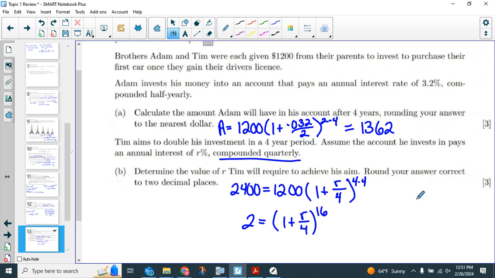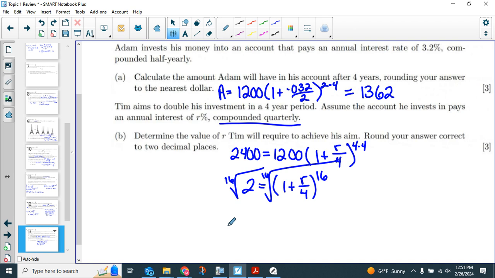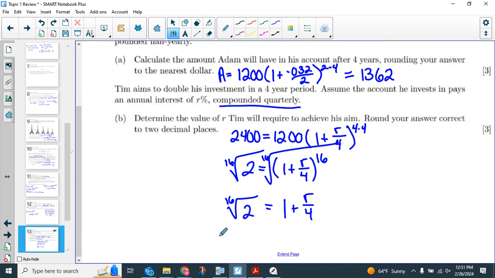Technically, this is pretty easy to solve without Solver anyway. Then I would just take the 16th root of both sides. So then we would have the 16th root of 2 is equal to 1 plus R over 4. So then I would subtract 1 from both sides and then multiply by 4.